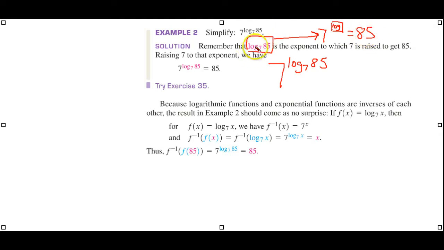So if they say we're going to take a 7 and raise it to this power, this is now the exponent, well, they're telling you the answer right here, that it's going to be 85.